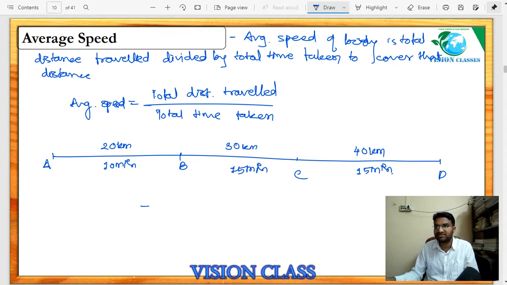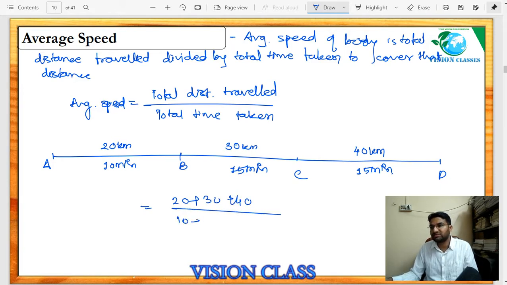That's 20 plus 30 plus 40 over 10 plus 15 plus 15. That's the average speed.